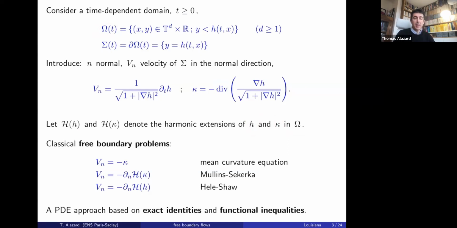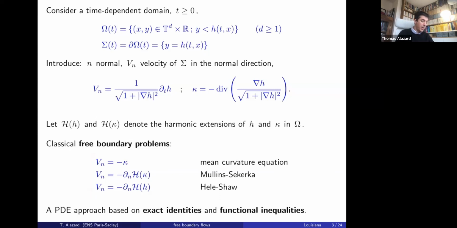Then we can define three boundary problems. Firstly, the mean curvature equation, which stipulates that V_n is equal to minus kappa. Secondly, the equation V_n equal to minus ∂_n H(kappa), which is the so-called Mullins-Sekerka equation. And thirdly, the elliptic equation, which reads V_n equal to minus ∂_n H(h).